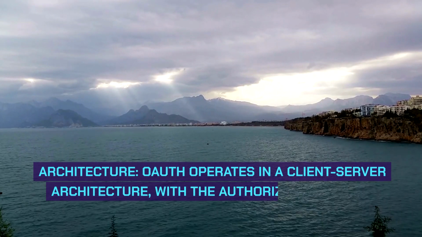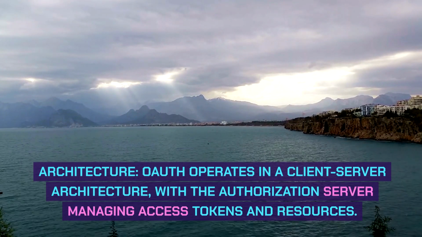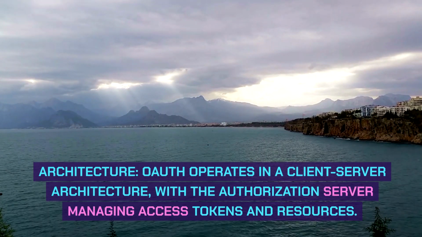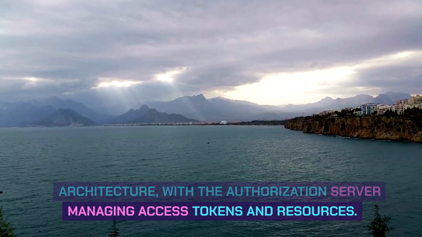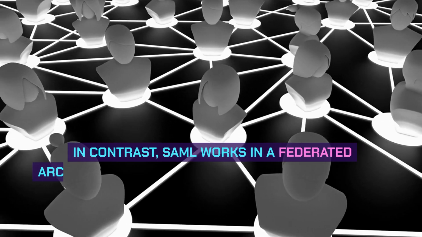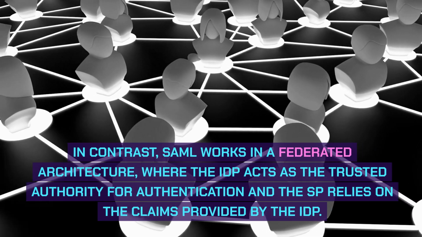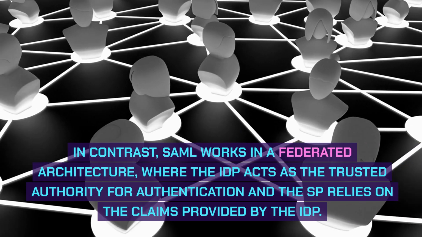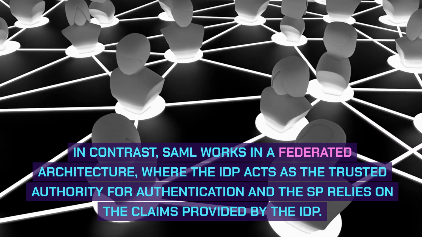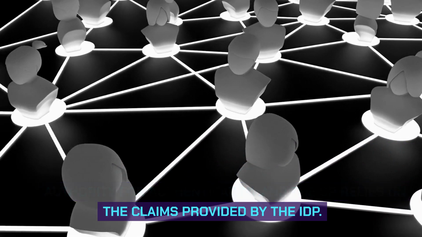Architecture. OAuth operates in a client-server architecture, with the authorization server managing access tokens and resources. In contrast, SAML works in a federated architecture, where the IDP acts as the trusted authority for authentication and the SP relies on the claims provided by the IDP.